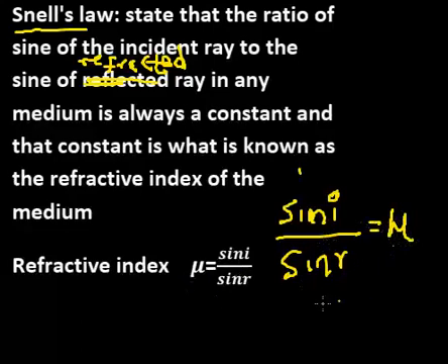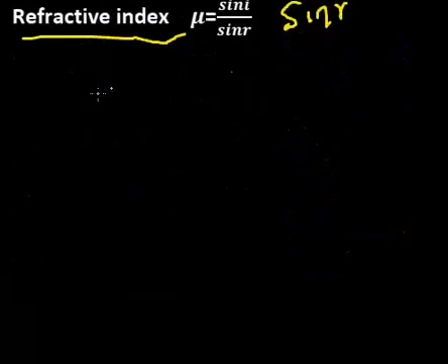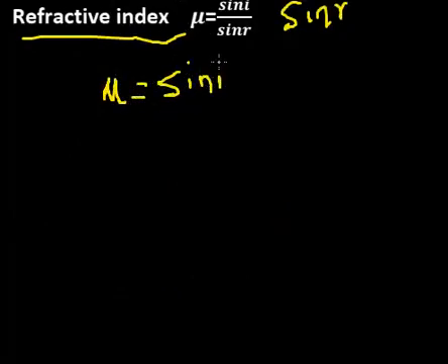So the constant is called refractive index, which simply means that the refractive index of every medium is always given as sine I all over sine R. So please take note of that. Now let's see an example.